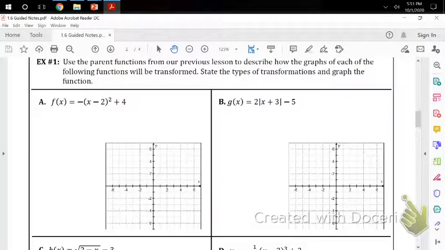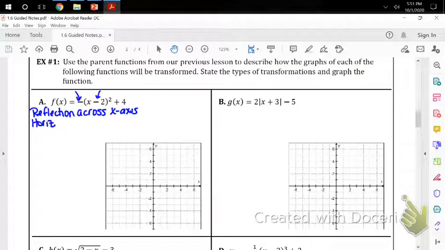So when we look at A, the first thing I notice is we have that negative sign there. So remember, the negative on the outside means it's going to be a reflection across the x-axis. Then inside we have a negative 2. Well, that's my h value, so it's going to be a horizontal shift. It's horizontal because it's inside with x.